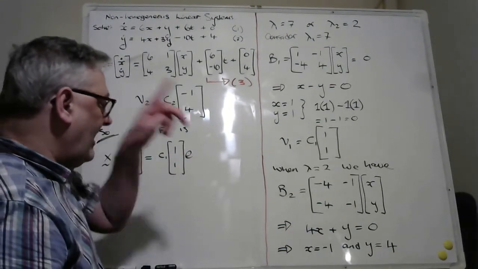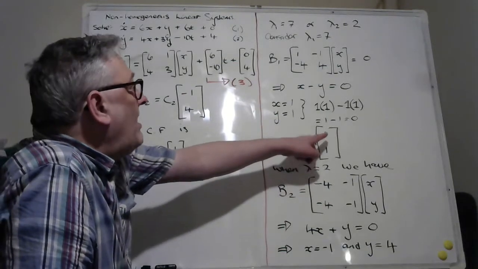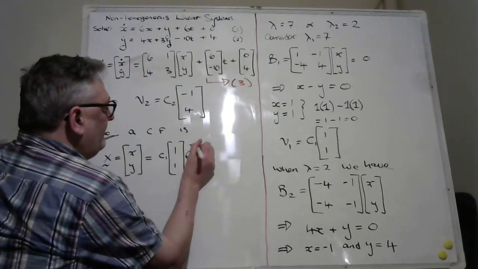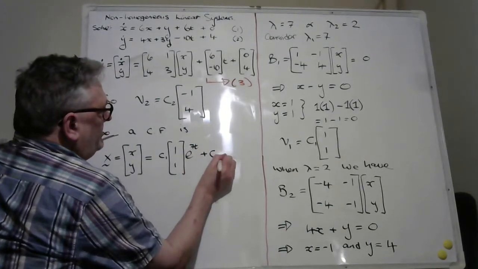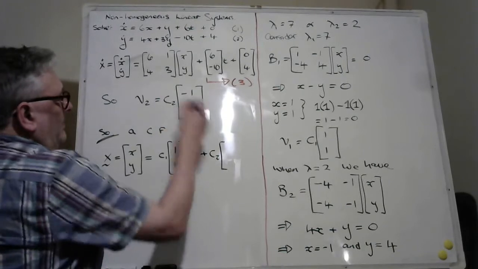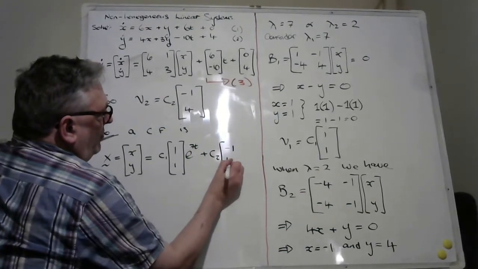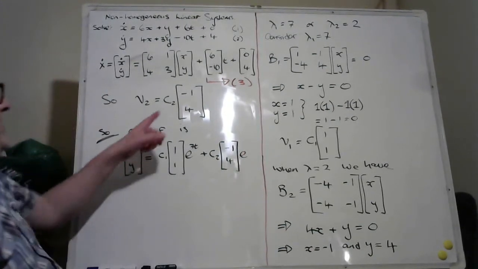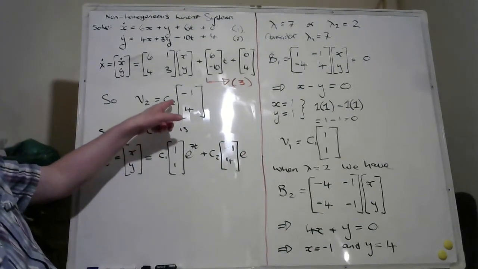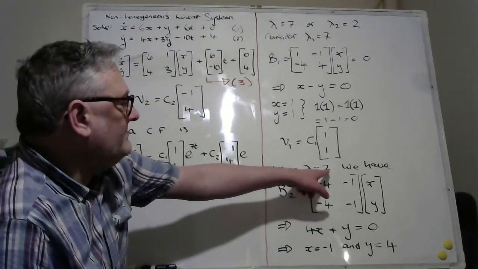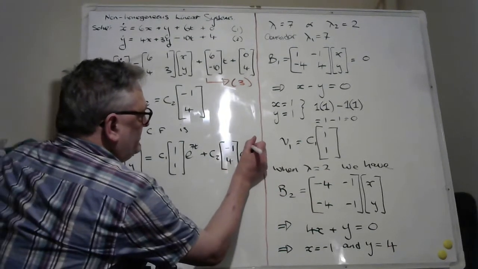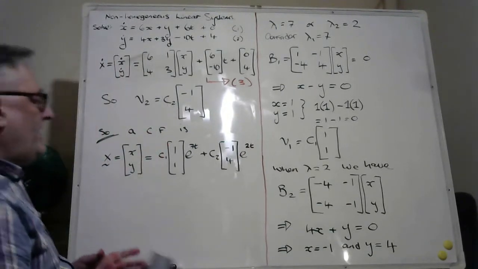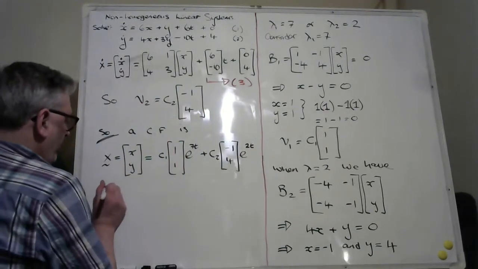Well, the eigenvalue associated with this eigenvector is 7. So it's e to the 7t, plus C2 times minus 1 and 4 times the exponential. We know that the eigenvalue associated with this eigenvector is lambda equals 2. So that's just e to the 2t.